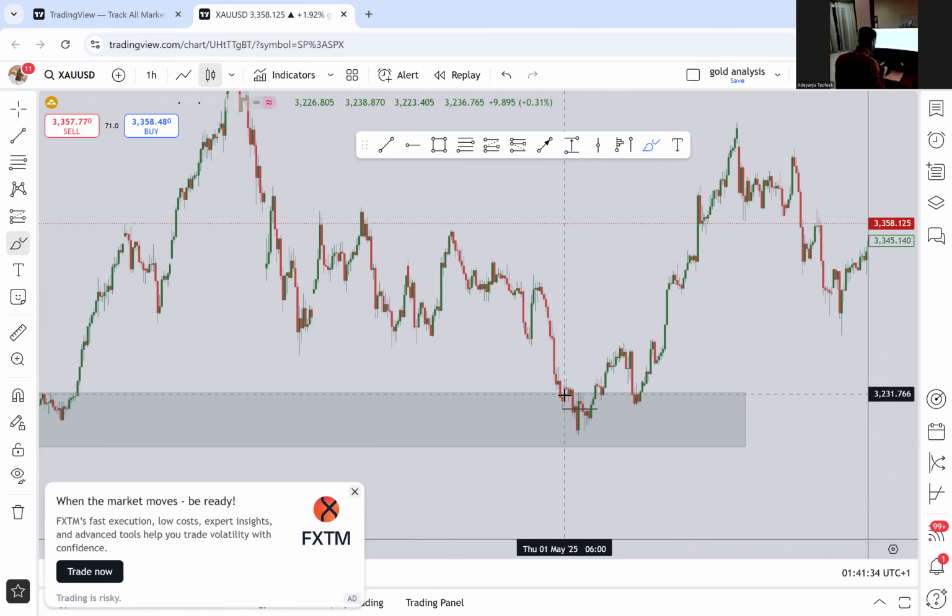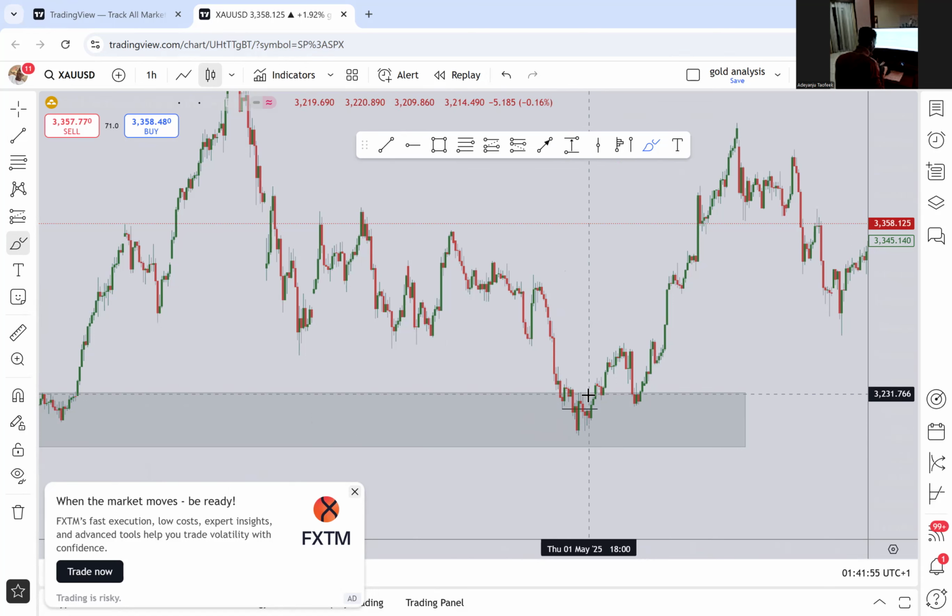This is not a point of entry. I'm not going to buy gold from there. I'm going to wait for further confirmation. Now we've seen price tap out the liquidity and then go back deeper inside the demand before finally going up.